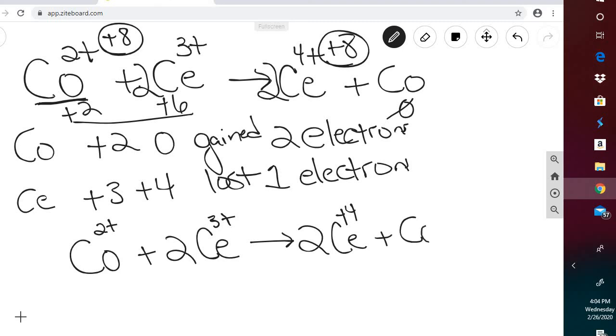Now that equation is balanced for atoms, and it's also balanced with respect to charges. The charge on each side is +8.